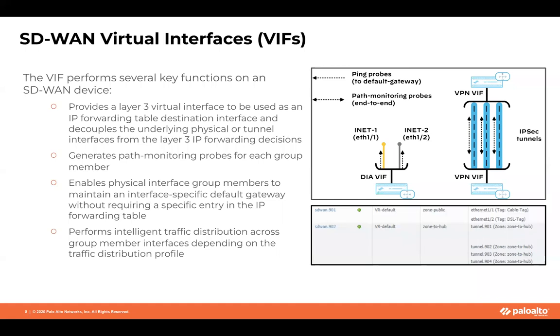In some cases, you may need to manually configure these VIFs with physical interfaces or IPsec tunnels, but usually if you use the PAN-OS SD-WAN plugin, these will all be configured automatically by the plugin during the SD-WAN provisioning and the cluster creation.